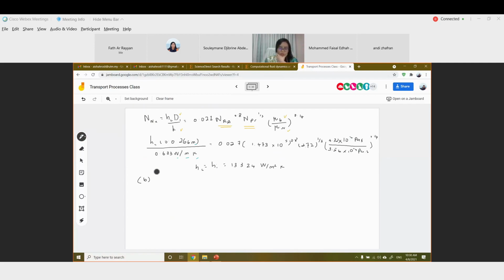So for part B, they want you to calculate the overall heat transfer coefficient U_i, correct? Let me see. This is something that we actually covered a few lectures ago, so let's try and solve this together.